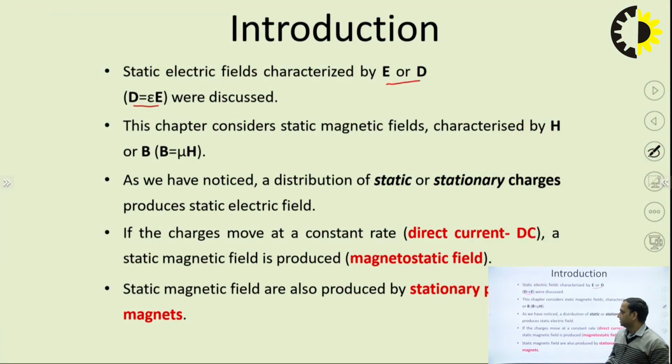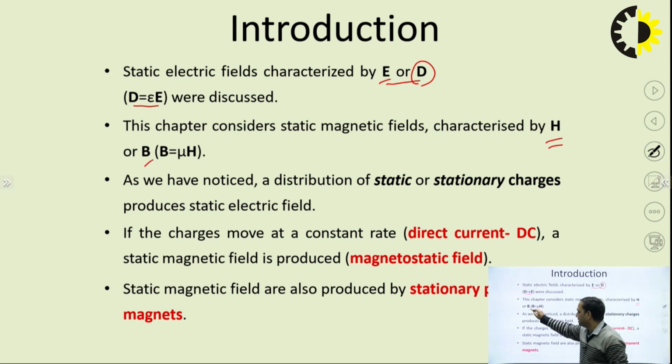In the magnetostatic field, corresponding to the electric field we have H. E is the electric field intensity, and H is the magnetic field intensity. Then D is the electric flux density, and the analogy is B, the magnetic flux density.